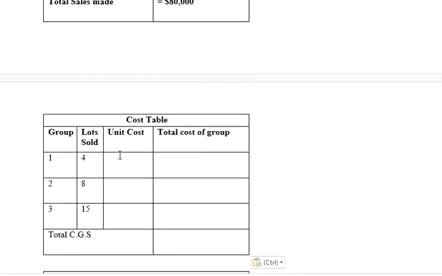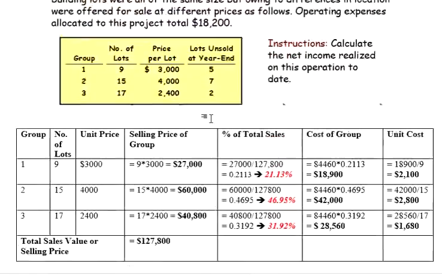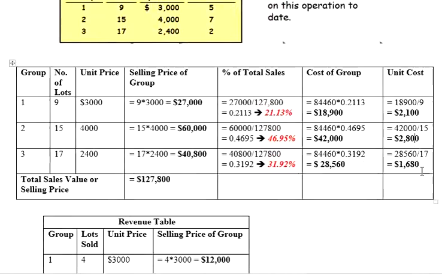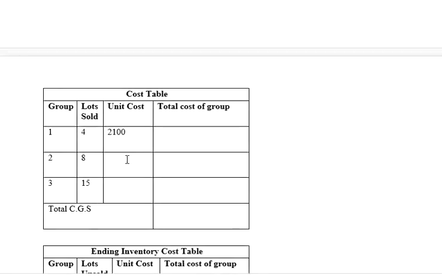2,100 for group number 1. I will quickly shift it here, and for group number 2 we got a unit cost of 2,800, and for group number 3 we got a unit cost of 1,680. Now, in order to find the total of the group, 4 multiplied by 2,100, we will multiply that, so we will get $8,400.